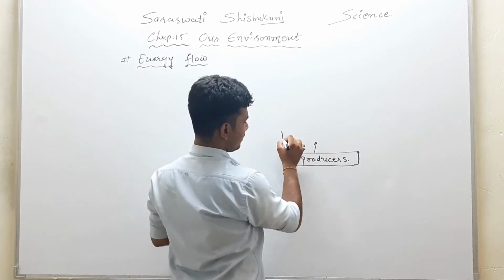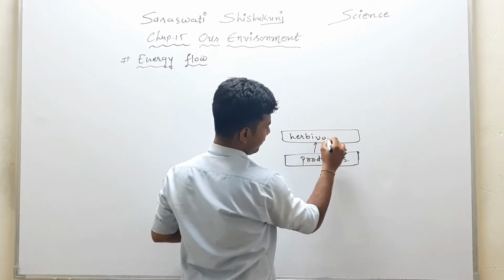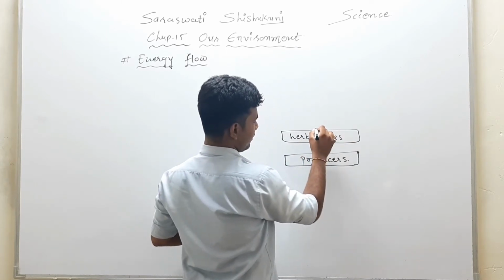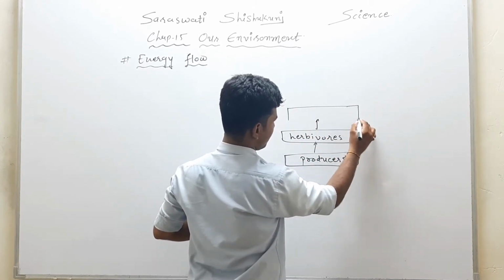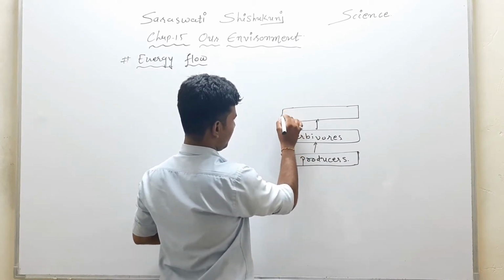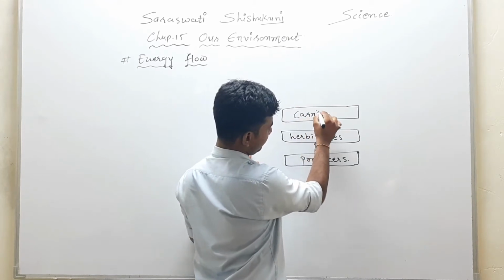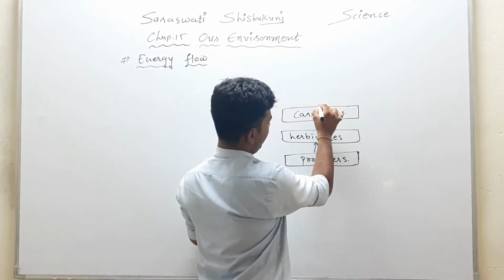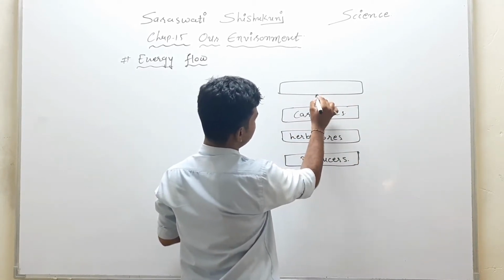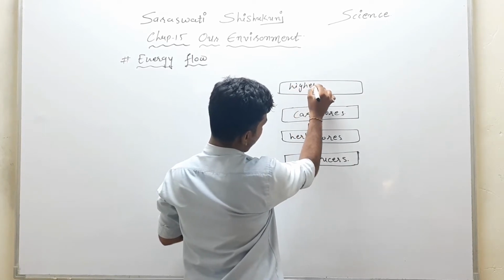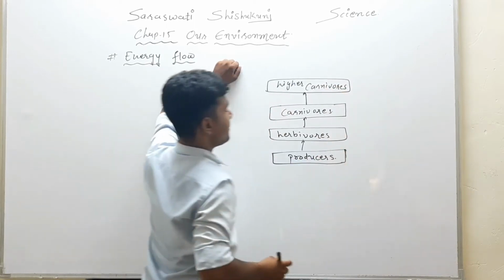These plants are eaten by herbivores. Again, these herbivores are taken as food by the lower level of carnivores, and from that it passes to the higher level or top level of carnivores, right?